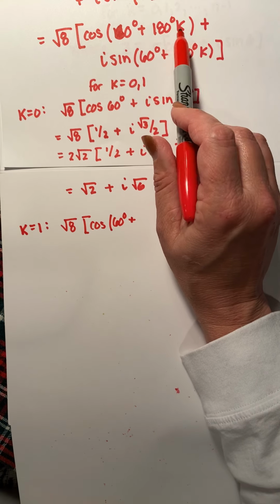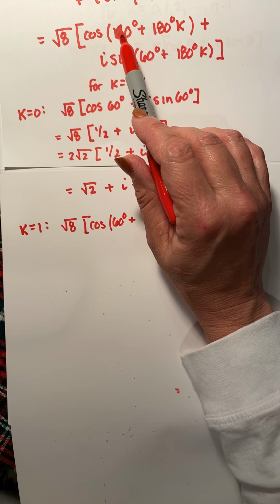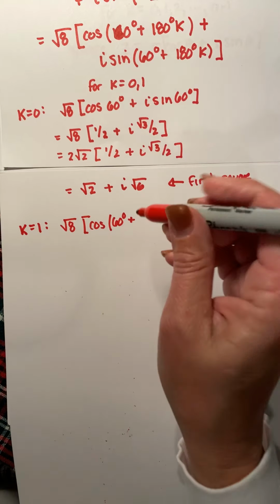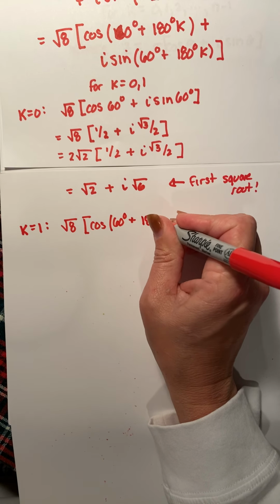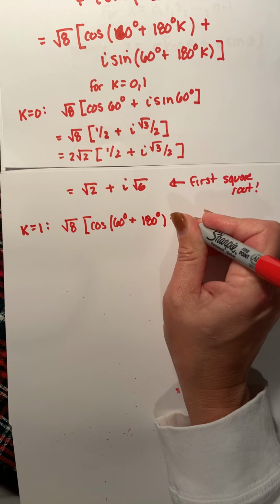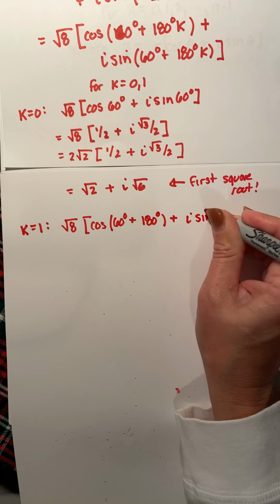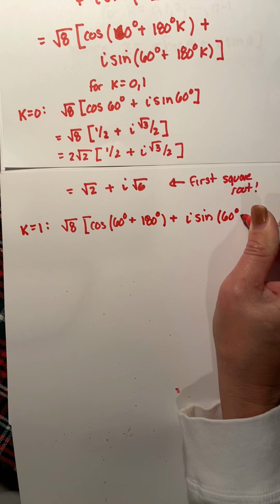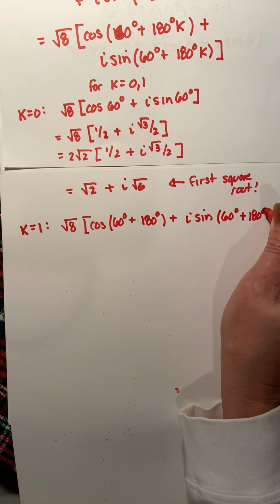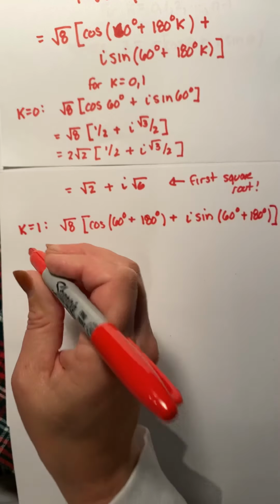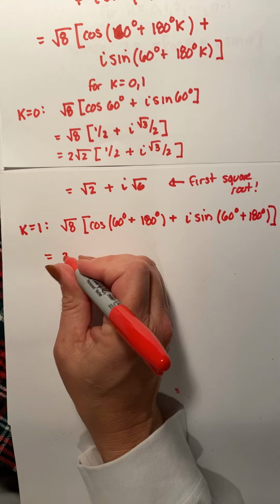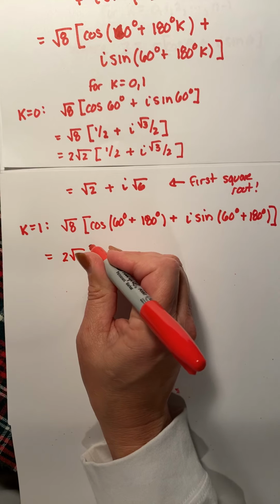All right, now we've got to clean this up. Square root of 8, I already know is 2 square root of 2. And we're going to have the cosine of 240 degrees plus i sine of 240 degrees. It's often going to ask you for exact values, so we don't want to just pop these in our calculator. 2 square root of 2, cosine of 240.